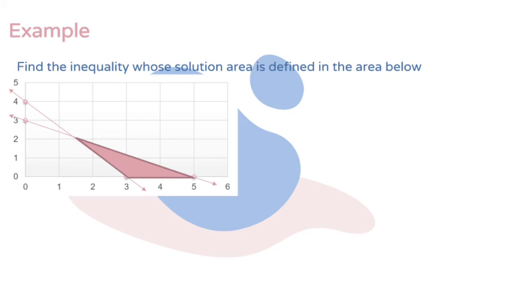Then see that the area doesn't exceed the x and y axes, so we add the inequalities x greater than or equal to 0 and y greater than or equal to 0.